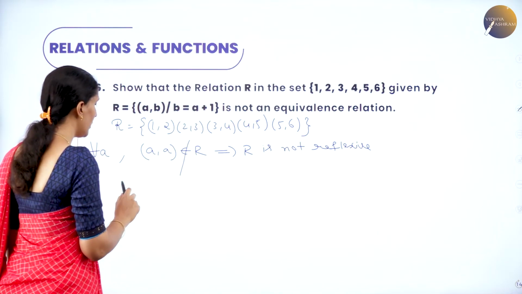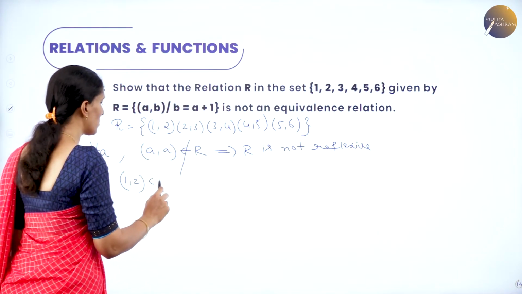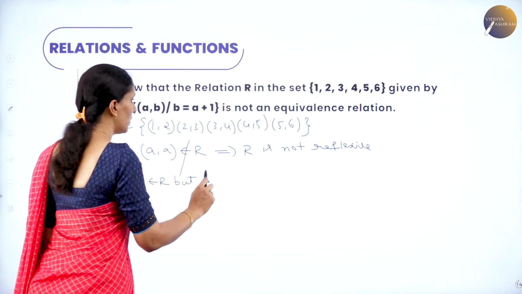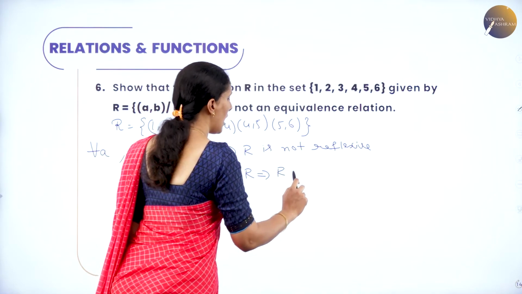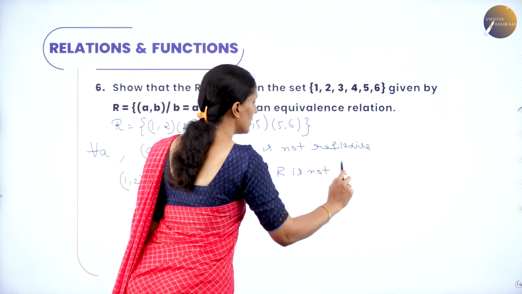Similarly, you have (1, 2) belongs to R, but (2, 1) does not belong to R. Therefore, R is not symmetric.